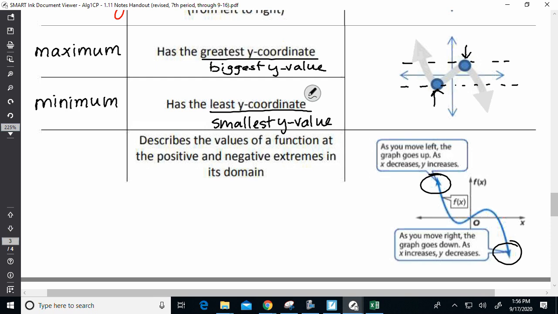This arrow's pointing up, so it's going up and to the left. This arrow's pointing down, so it's going down and to the right. That actually has a special name. That's called end behavior.